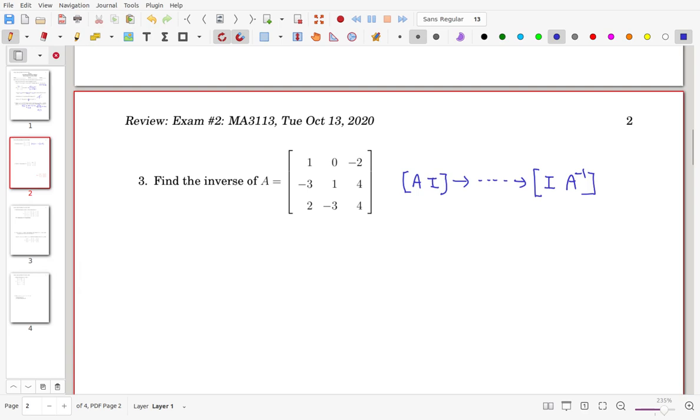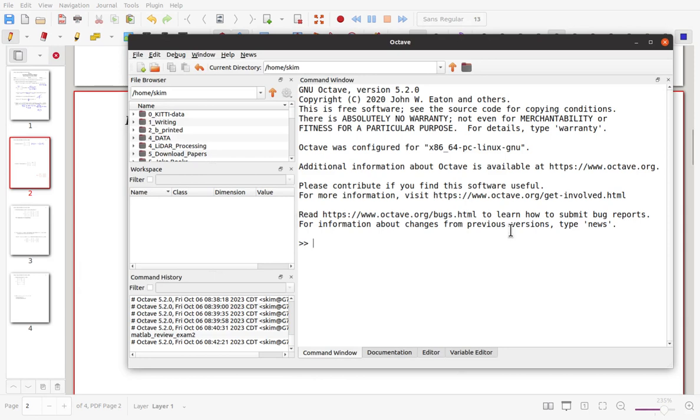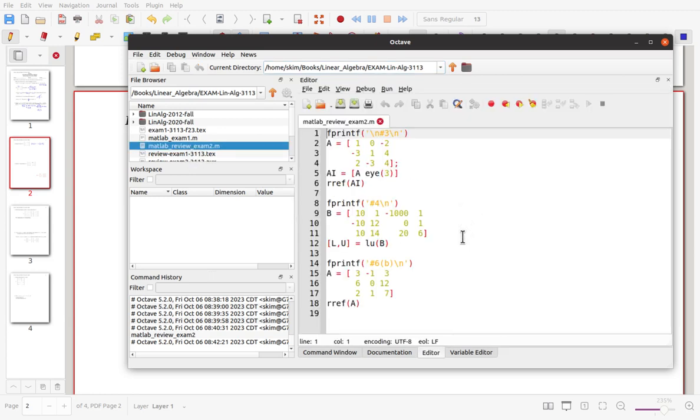Rather than the hand computation, let's see a program. Okay, that is for number 3. I implemented here: A is defined. Now A and I is made, and we try to get the reduced echelon form of the augmented matrix.